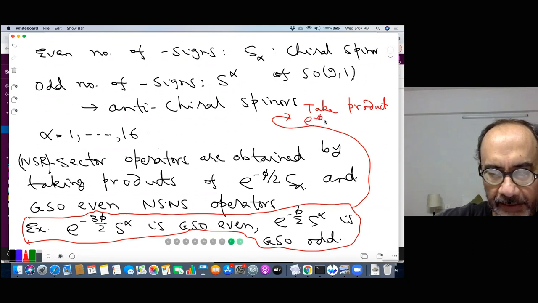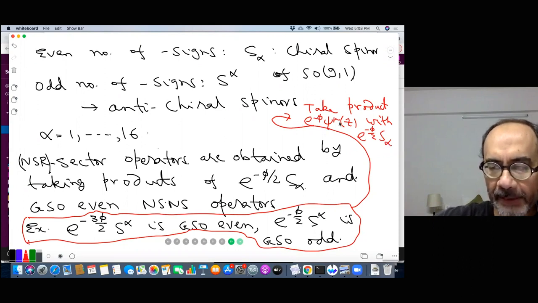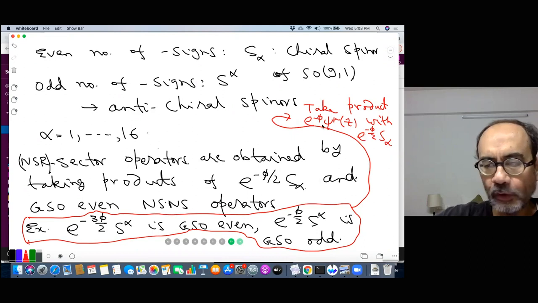e to the minus phi psi mu of z with e to the minus phi by 2 S alpha. This is a GSO even operator by definition. We have declared this as GSO even because this is GSO odd, this is GSO odd. And this, of course, is already GSO even because you are taking products with this. To take the product of these two, e to the minus 3 phi by 2 and e to the minus phi becomes e to the minus 3 phi by 2. Now we have to ask, what about S alpha psi mu?